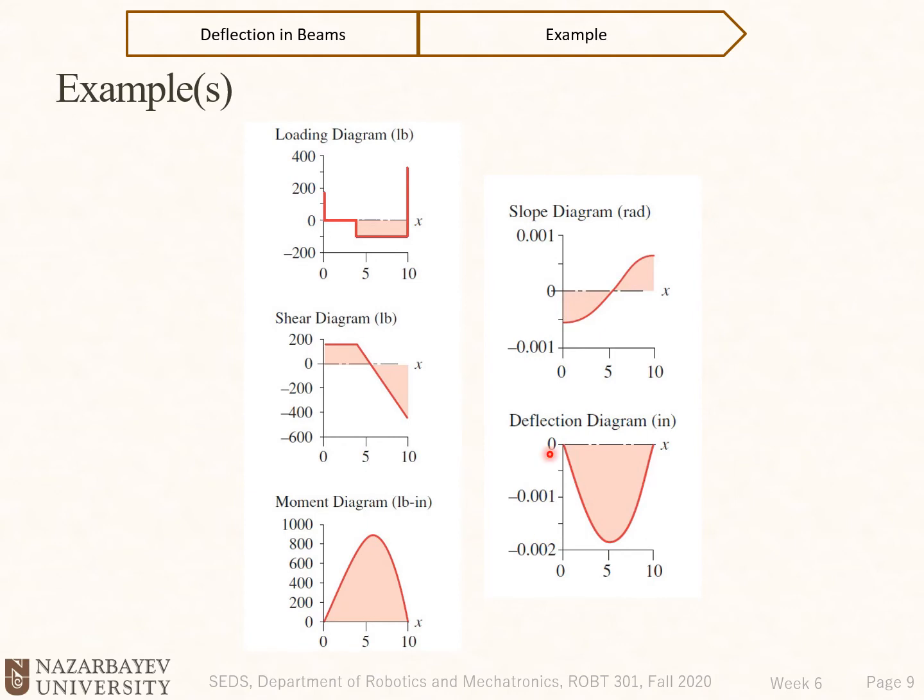Okay. This is exactly what you have done to find a shear and moment diagram. What you need to do, you need to just continue integration and find slope and deflection.